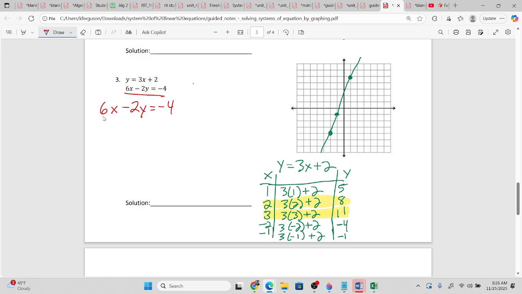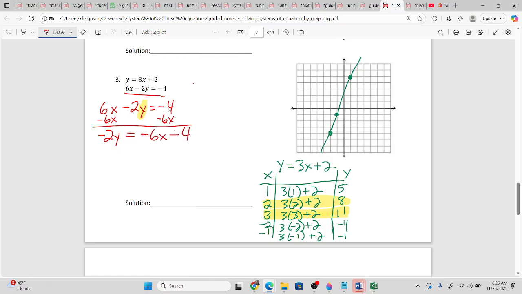I'm going to subtract 6x because I want to isolate this thing. So I got to get rid of this, then I got to get rid of that too. So first, I'm going to just subtract 6x from both sides. So that's going to give me negative 2y equals negative 6x minus 4.